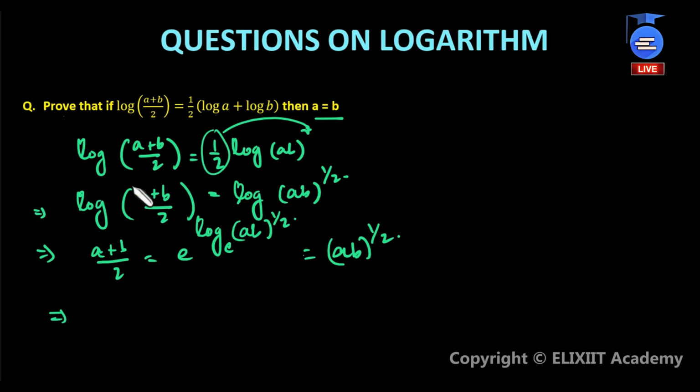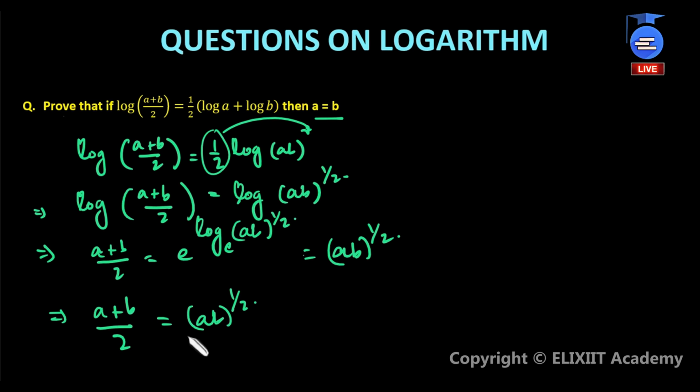So basically log cancels from both sides, nothing else, but be very careful with the base. So a plus b by 2 is equal to ab raised to the power 1 by 2. Whether you remember the proof or not, you need to remember the properties and apply them in the questions.